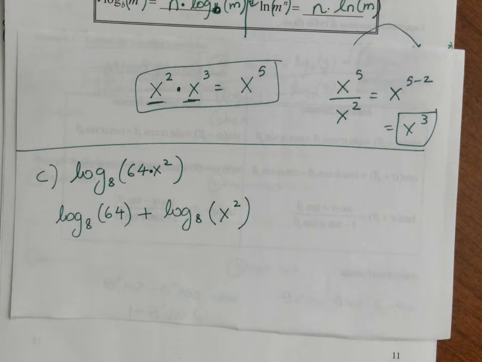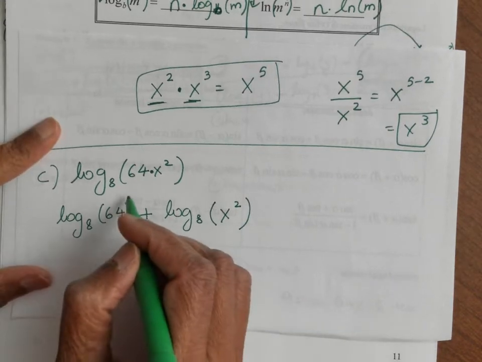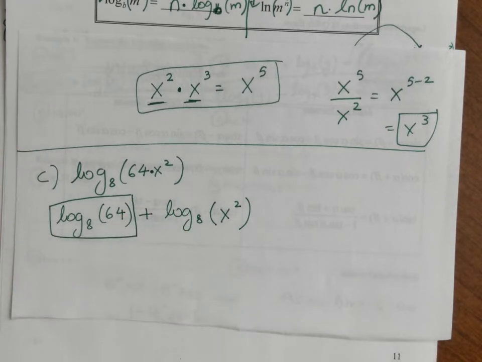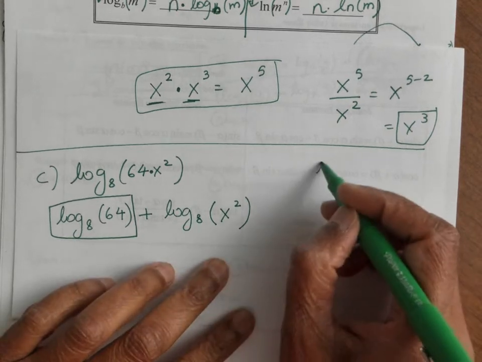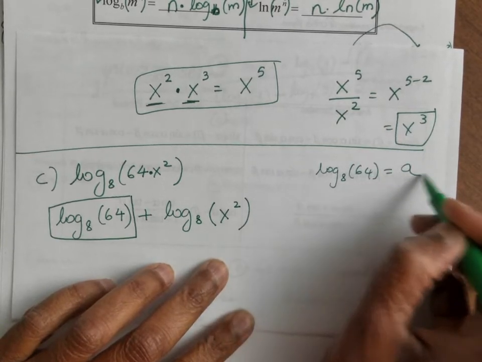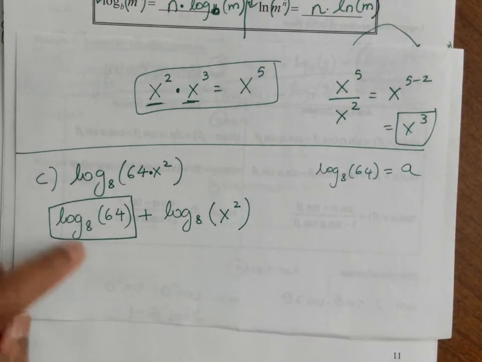What is log base 8 of 64? Can I evaluate this? Can we all evaluate this? This is evaluatable. 8 to the what power gives me 64. Basically, that's how you read it. This has a value. I'm going to rewrite it as an A. Please solve for A. And that's what you'll write here. So whenever you have an expression in the log that is evaluatable, you should evaluate it.